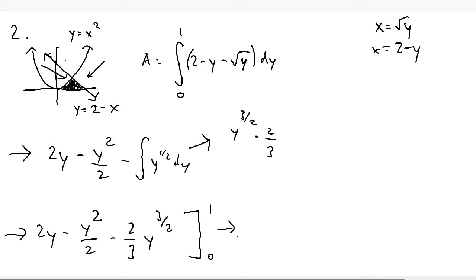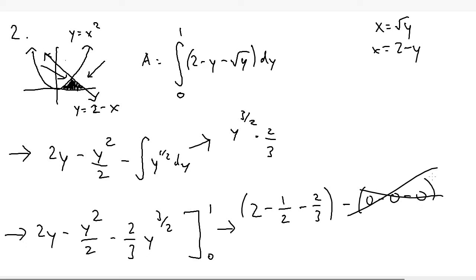So when I plug in 1, I get 2 times 1, which is 2, minus 1 squared, which is 1, over 2, which is 1/2, minus 1 to the 3/2 is 1, times 2/3 is 2/3. Minus, when I plug in 0, the bottom bound, I get 0 minus 0, and once again minus 0. So that can just be cancelled out.